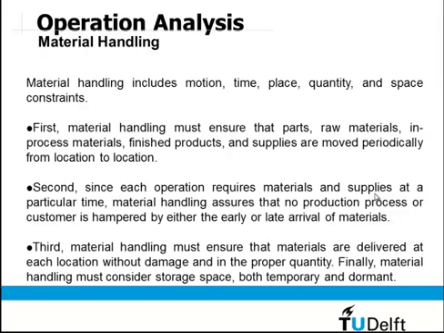Third, material handling must ensure that materials are delivered at each location without damage. This is also a condition for material handling: the materials must be delivered to the specified location without any damage and in the proper quantity, the quantity which we need. Finally, material handling must consider storage space, both temporary and dormant.